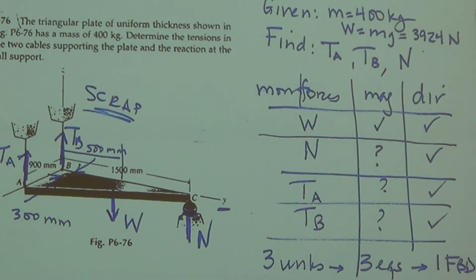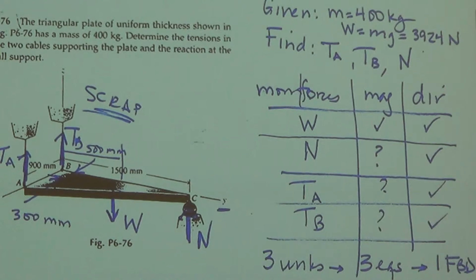Okay, so how many equations do we need? 3 equations. So Eric, what equation do you want to do first that would have one unknown in it? Just one. Find an equation that you only have one unknown in it.